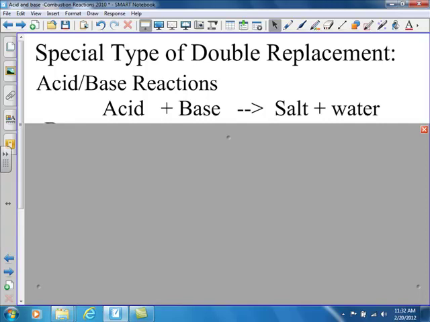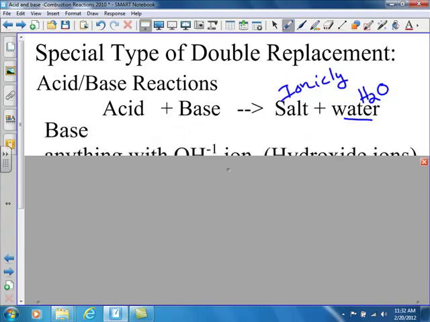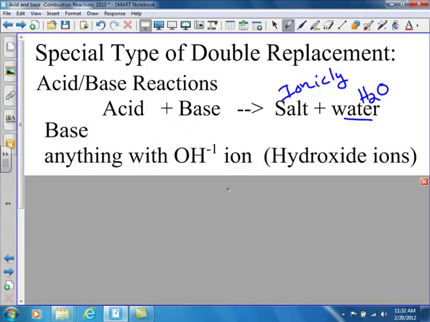Whenever I take an acid plus a base, I get a salt of some type, which, if you remember, a salt is an ionically bonded substance. And you get water. Okay?